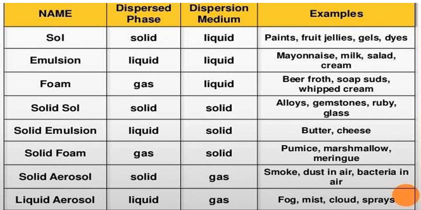Solid foam, gas in solid, like pumice, marshmallow. Solid aerosols, solid in gas: smoke, dust in air, bacteria in air. Liquid aerosol, liquid in gas: we have fog, mist, cloud, and sprays.